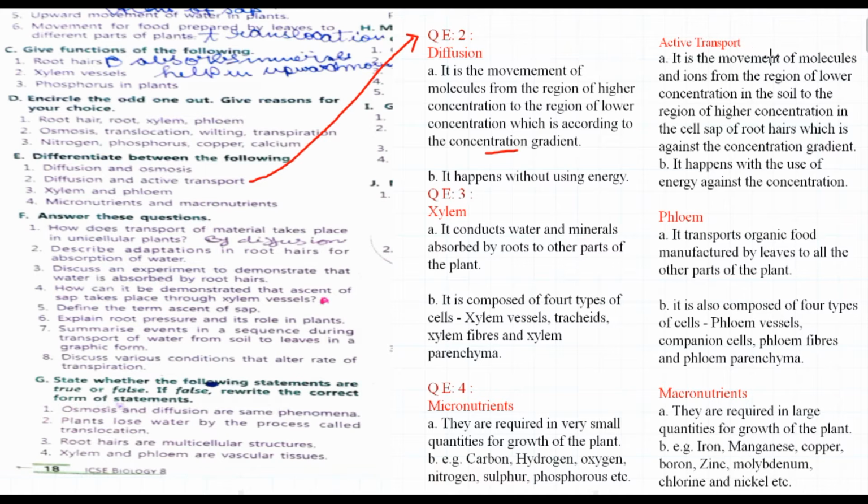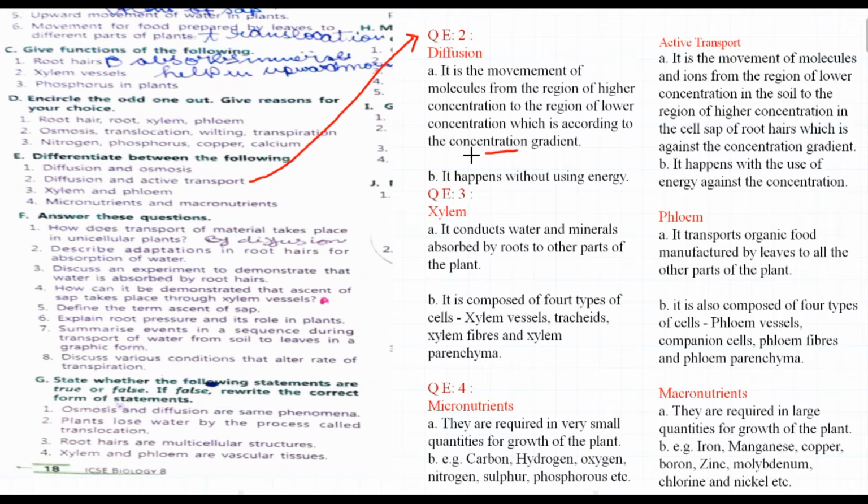Whereas active transport is the movement of molecules and ions from the region of lower concentration in the soil to the region of higher concentration. This is from higher to lower and this is from lower to higher, right?